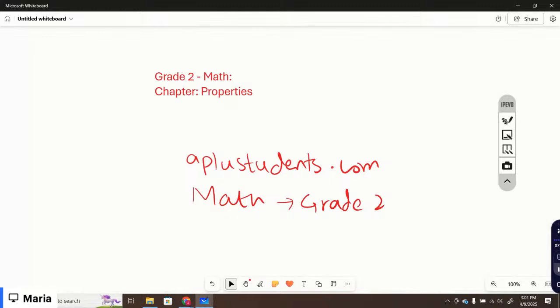We're going to start with the chapter properties. The lessons we're going to cover today are properties.